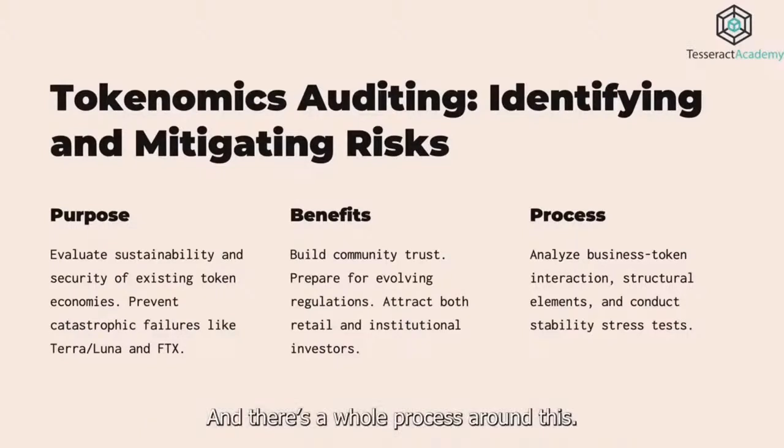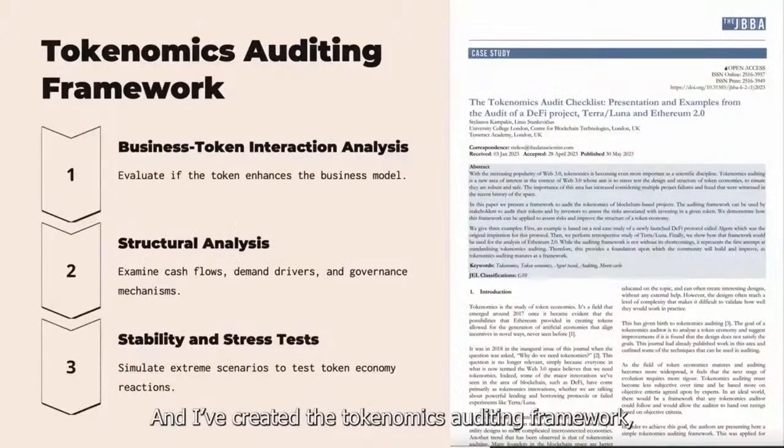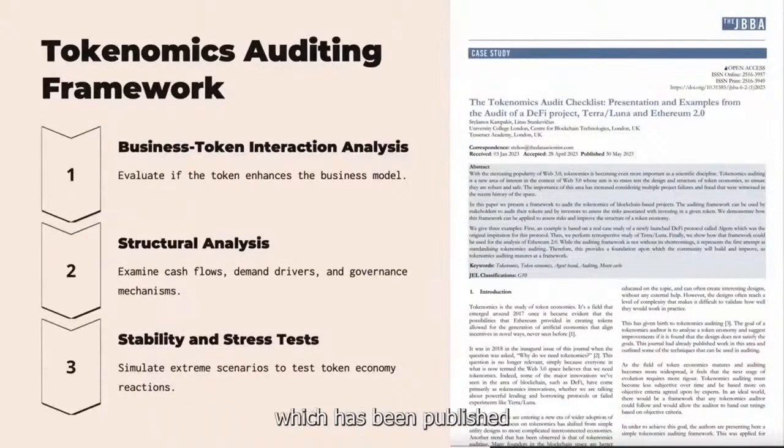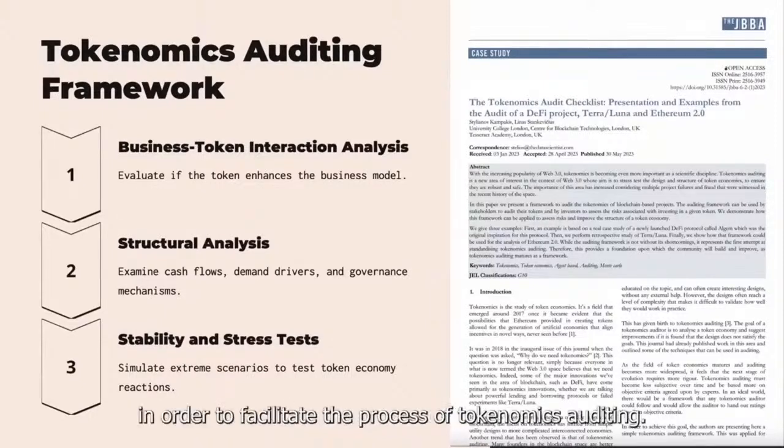And there's a whole process around this. I'm going to elaborate on this in a second, but it comes down to analyzing the business token interaction, performing structural analysis, and conducting simulations as well as stress tests. And I've created the tokenomics auditing framework, which has been published by the Journal of the British Blockchain Association, in order to facilitate the process of tokenomics auditing.